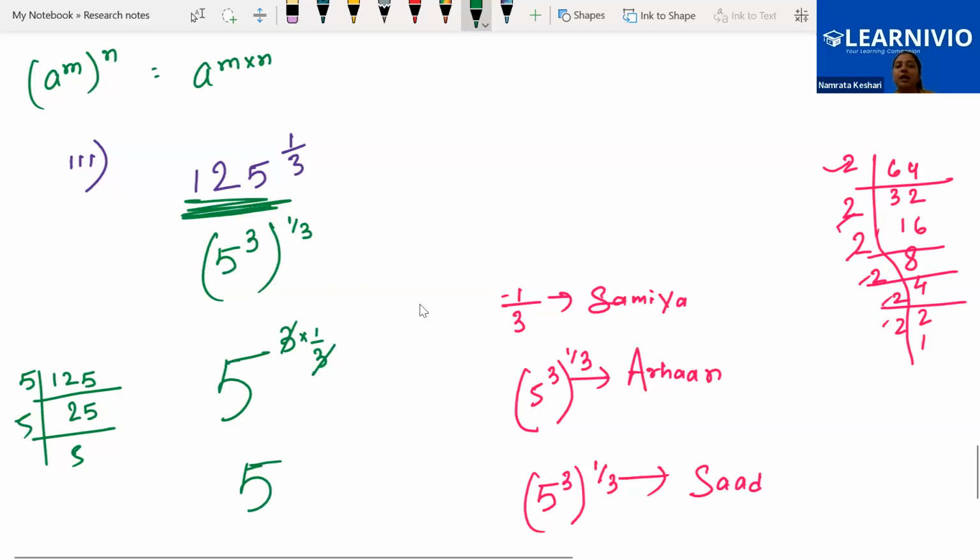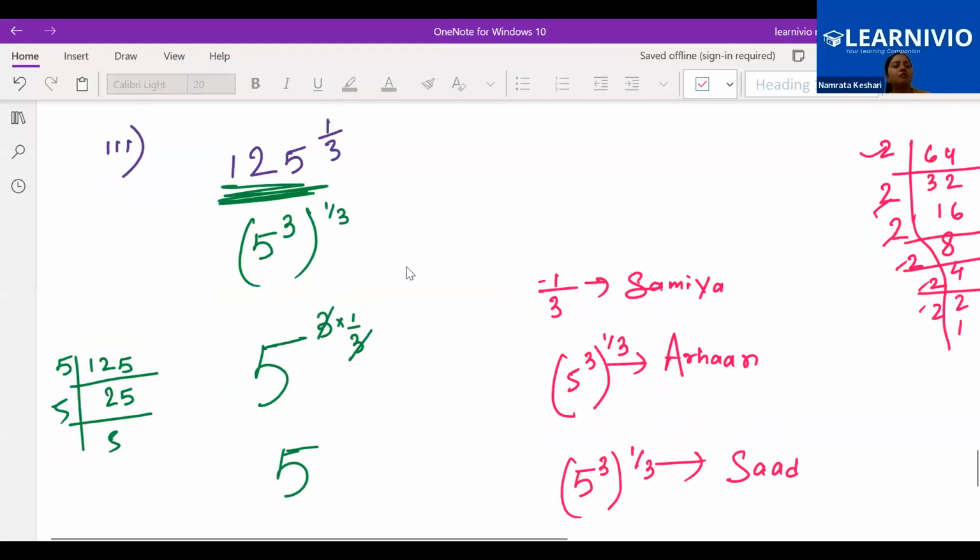This is how we have to do it. In this chapter, whenever the question is related to the law of exponents, whatever number you can see on your question paper or on the screen, first try to write it in exponent form. Any bigger number, please always write it in exponent form.